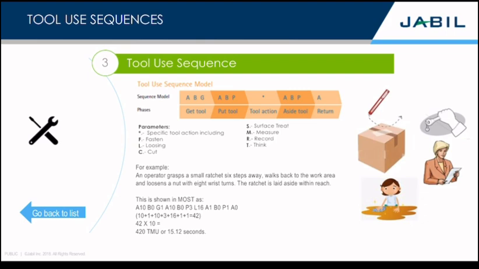For example, an operator grasps a small ratchet 6 steps away, walks back to the work area, and loosens a nut with 8 wrist turns. The ratchet is laid aside within reach.